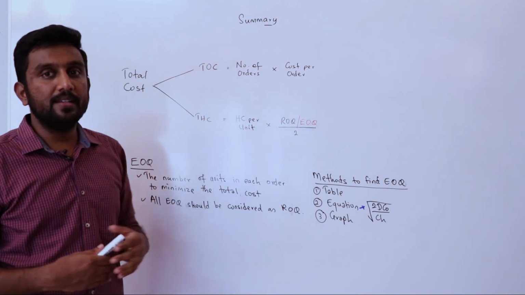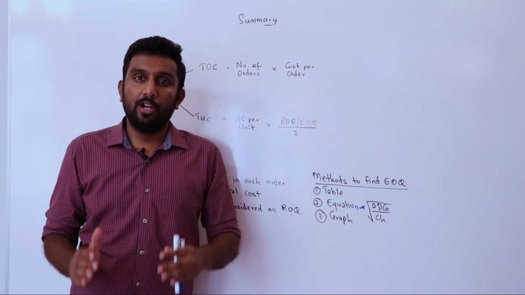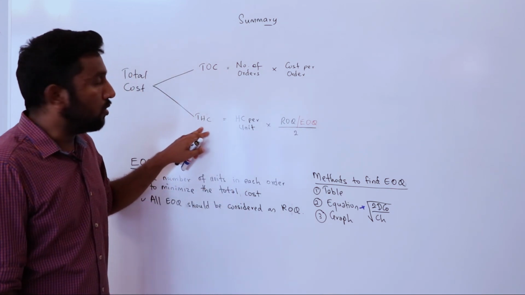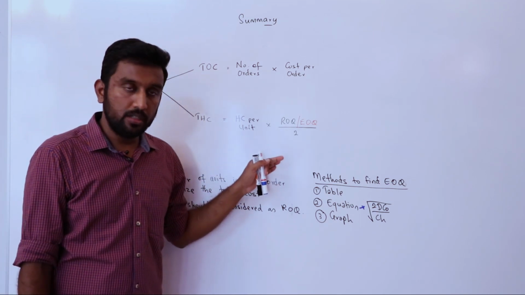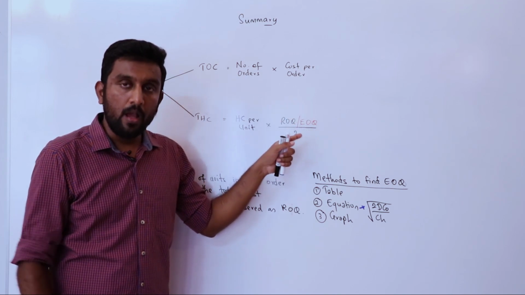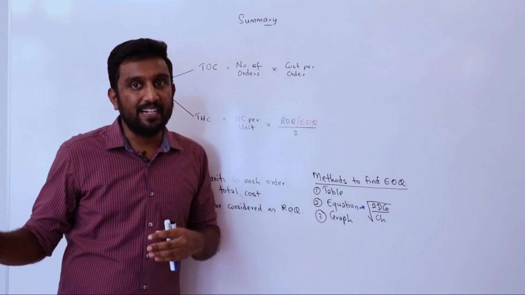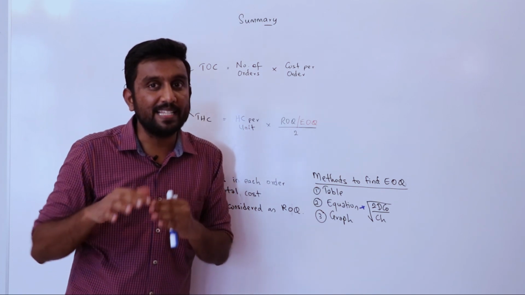The second one is, once they receive the goods or raw material from the supplier, they have to store it somewhere. The cost related to the storing is what we call total holding cost. Total holding cost equals holding cost per unit into ROQ divided by 2. I put EOQ as well. Why? Once the EOQ is decided, they don't mind about ROQ, because they know for a fact that it's the least cost.